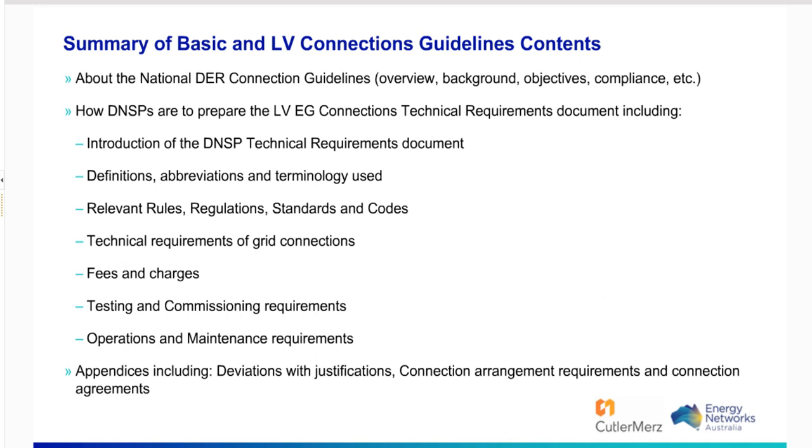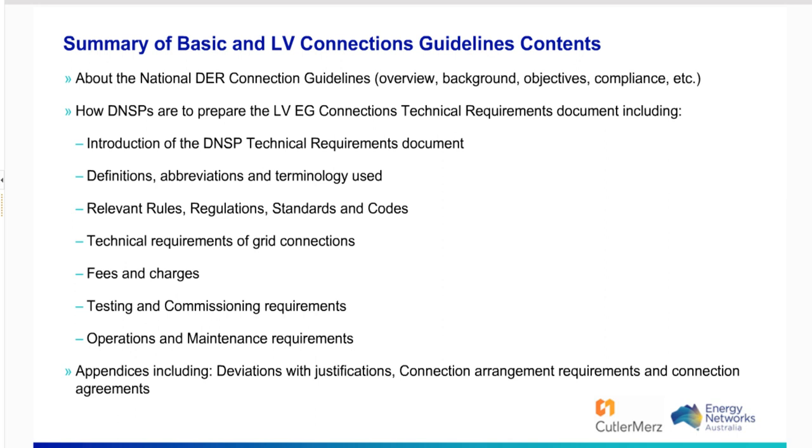The summary of the contents, even though the table of contents is slightly longer than what you see on this page: the main crux of the document, be it the LV or basic guidelines, is captured structurally in a similar way.